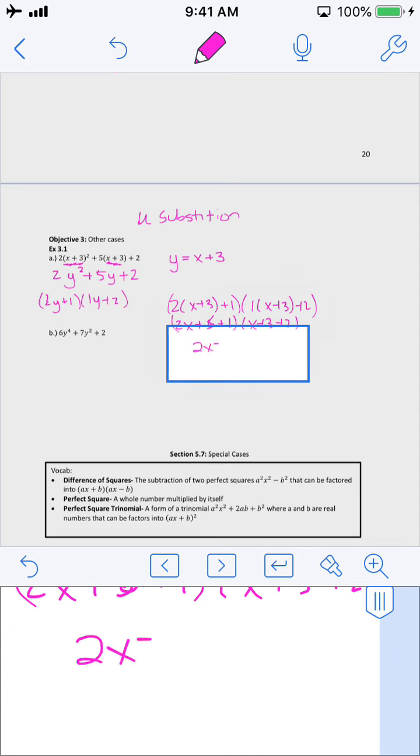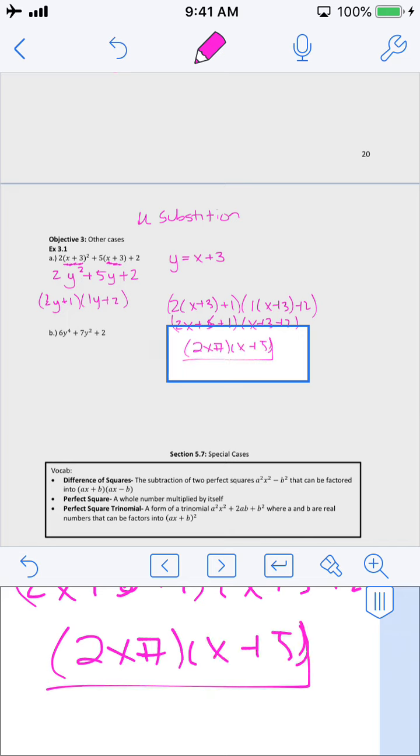I get 2x plus 7 and x plus 5. Okay, so that's what would have happened had I multiplied the whole thing out and then factored it back. But here I can skip all that multiplying by just replacing the x plus 3 with a letter that I choose, using a method I want to use, and then just putting the ugly part back in.